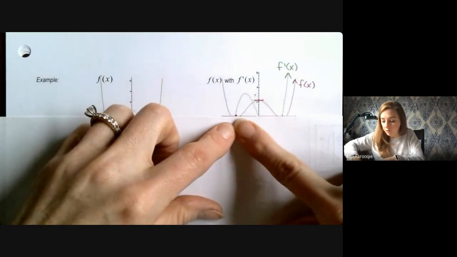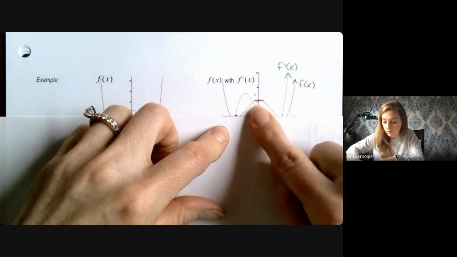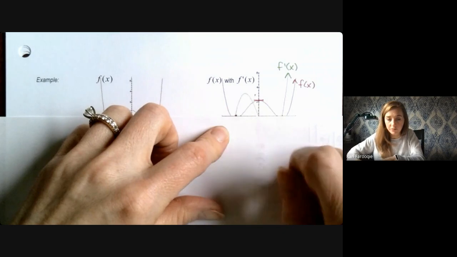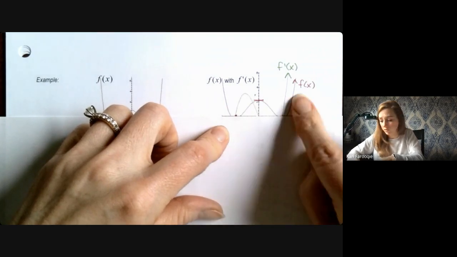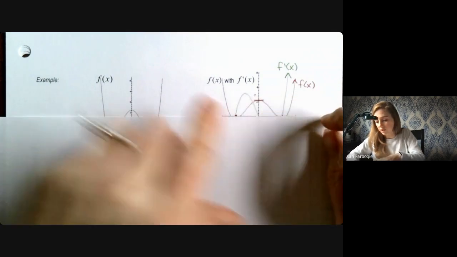So your red f of x is increasing. That means that your derivative graph lies above the x-axis. Same thing happens over here. When f is increasing, your derivative graph lies above the x-axis.